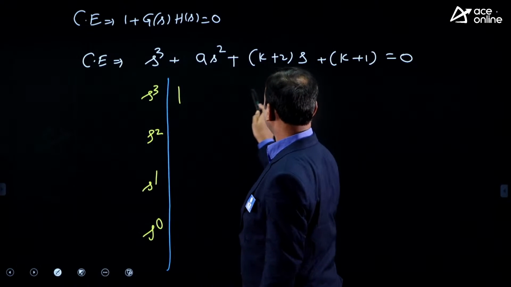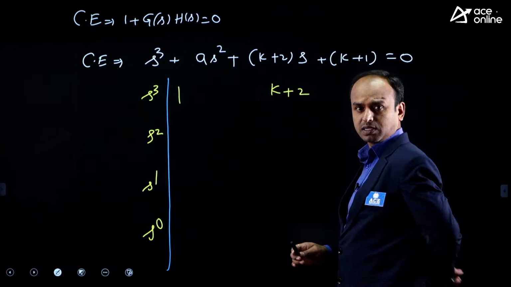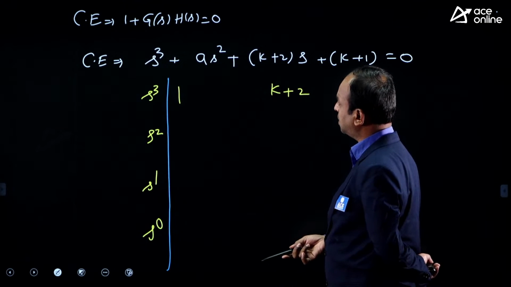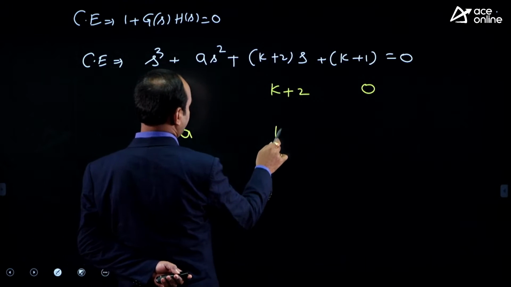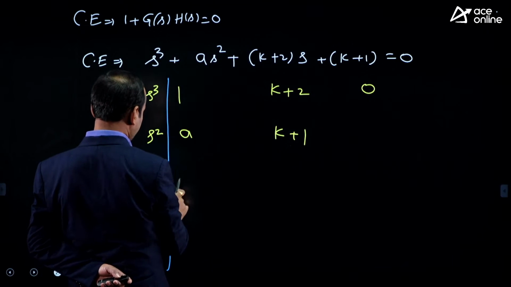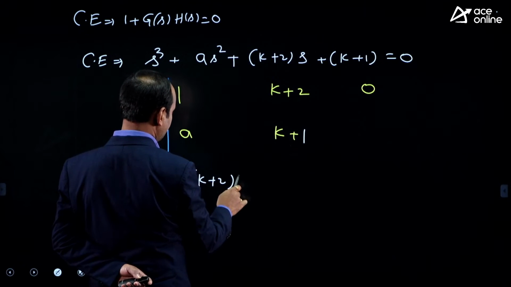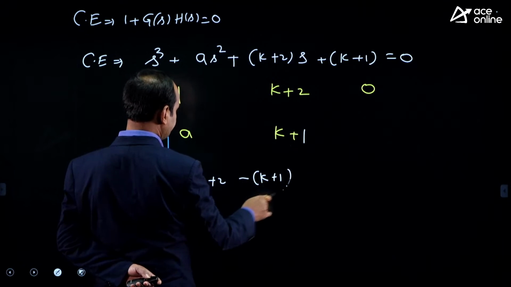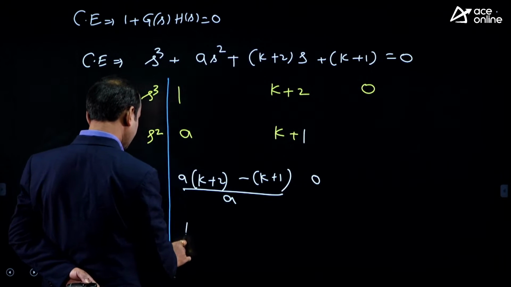The coefficients are 1, k plus 2, a, and k plus 1. This is important, and many times it is asked in the prelims, and the same model is asked in the mains also. Now the product of these two: a(k plus 2) minus (k plus 1), upon a, equal to 0. The last one should be k plus 1.